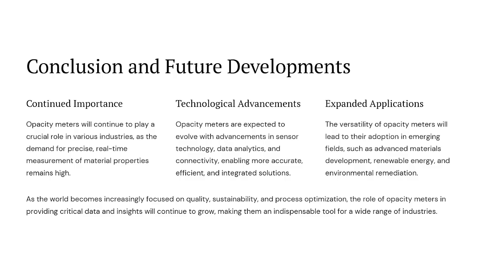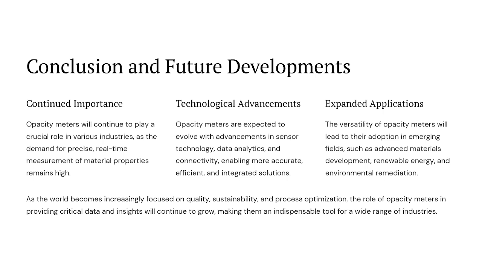Now, let's talk about the conclusion and future development. Opacity meters are becoming even better thanks to new technologies. Some meters now connect to the internet, allowing us to monitor data remotely.